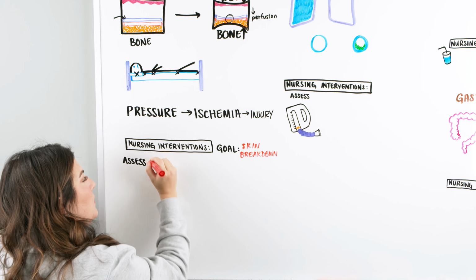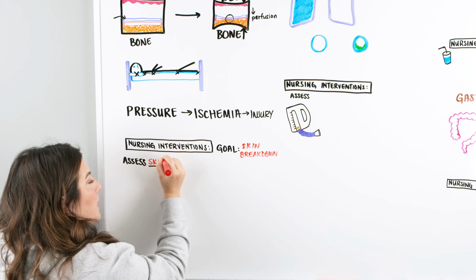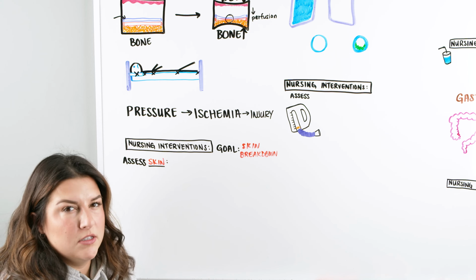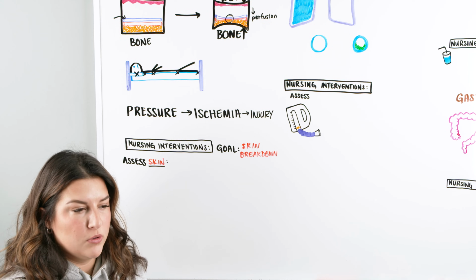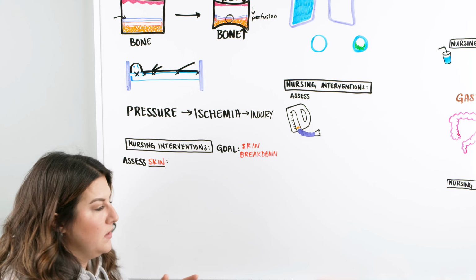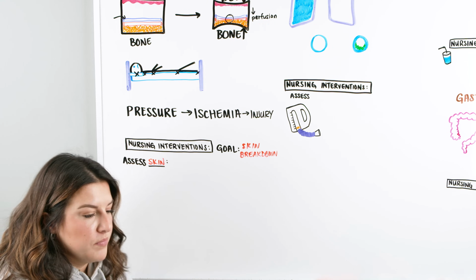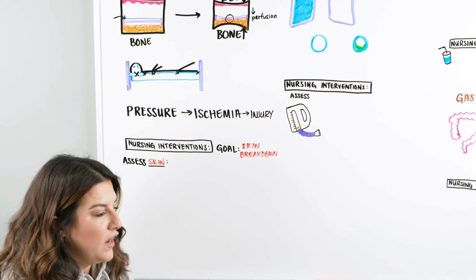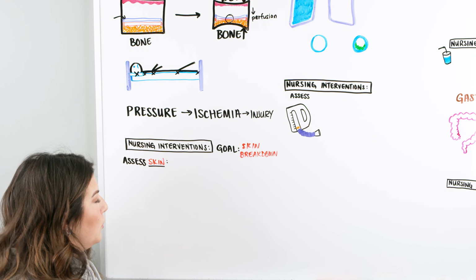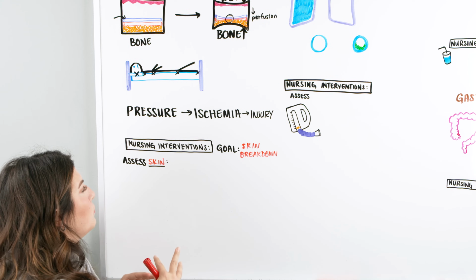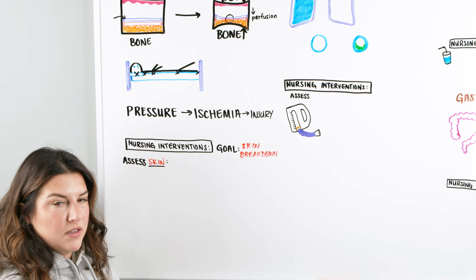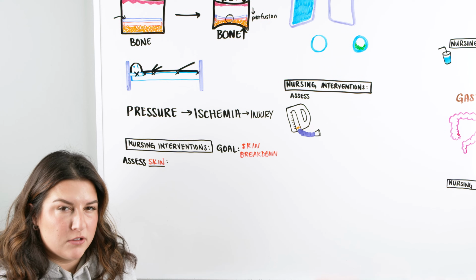The first thing is going to be just to assess the skin, right? Some facilities or policies within your facility might be that you need to do a 2-nurse skin assessment. And you want to make sure that when we're doing this, we're assessing everything from color, the dryness, we're looking at the turgor of all the skin, but we're also looking for those bony prominences and seeing if there's any type of breakdown.